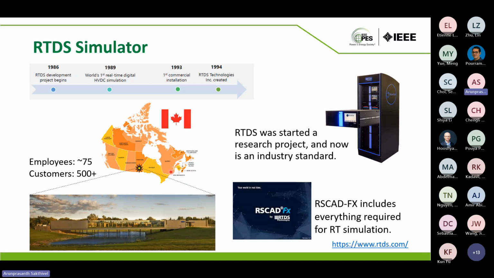At the beginning, the RTDS was started as a research project, and now it is kind of an industry standard. And the software that we have is called RSCAD-FX. It comes with everything that we need for a real-time simulation of a power system. So that is just a background of the RTDS simulator.